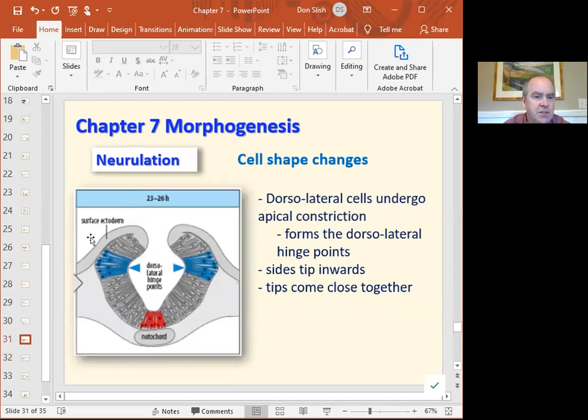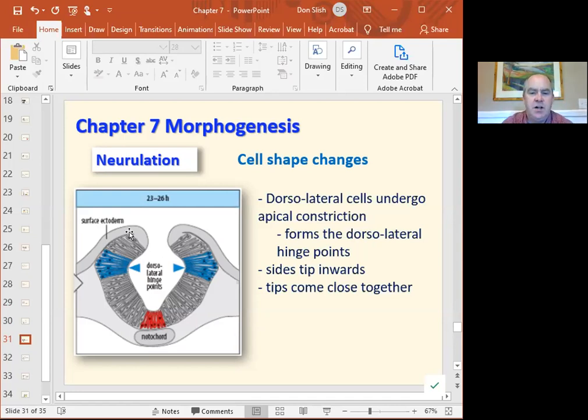See here, you've got surface ectoderm connected to this neural ectoderm. You've got adherens junctions between them holding them together, and when the neuroectoderm bends like this, it pulls that surface ectoderm with it.